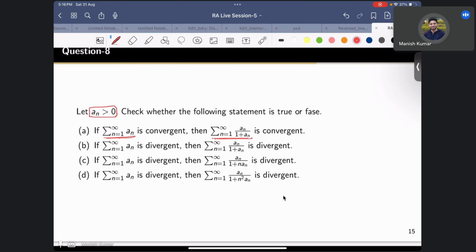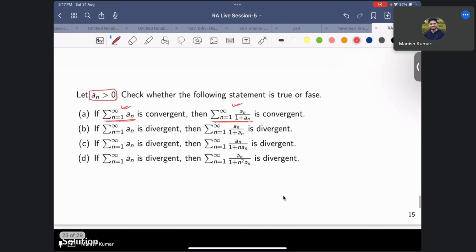Using the convergence of summation a_n, can you tell me how you can conclude about this? I am saying that the statement is true. Okay, now can you just prove that this is convergent? So using the fact that summation a_n is convergent, can you prove that this is convergent? I am saying that this statement is true. Okay, so how to prove it?